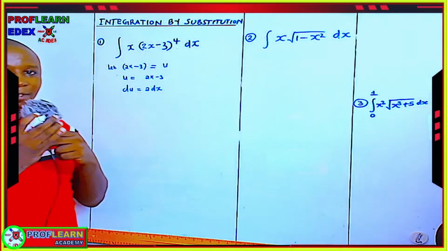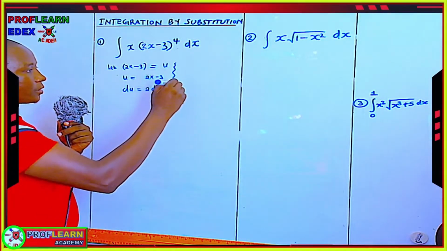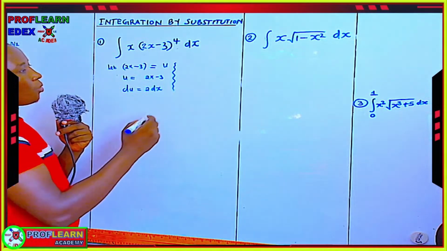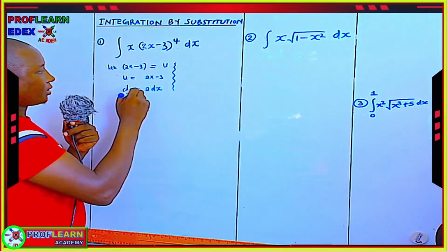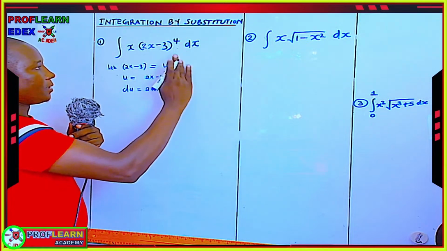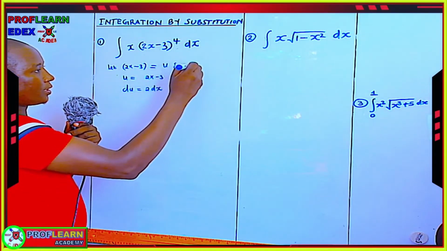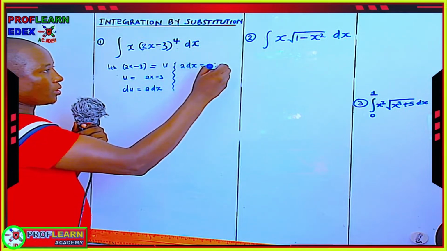because if you differentiate 3, which is a constant, it becomes 0. So with this expression we can say 2 dx is equal to du.